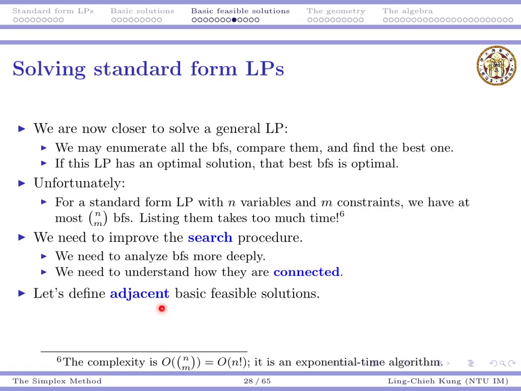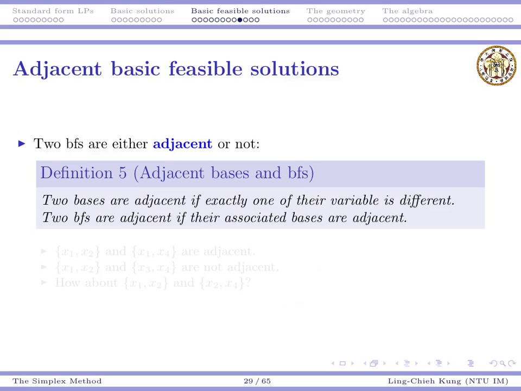Okay, so let's define adjacent basic feasible solutions. Two basic feasible solutions may be adjacent or not. So let's see this. Two bases are adjacent if there is only one variable that is different, okay? And the two basic feasible solutions are adjacent if their associated bases are adjacent.